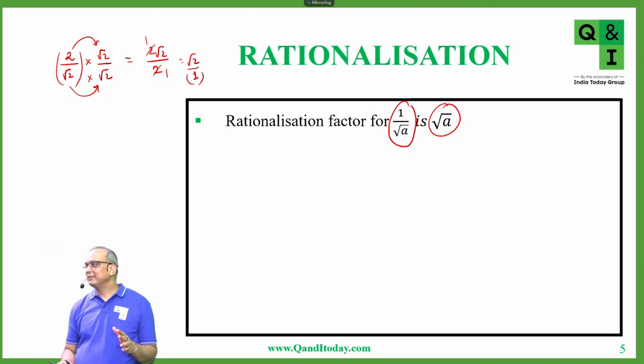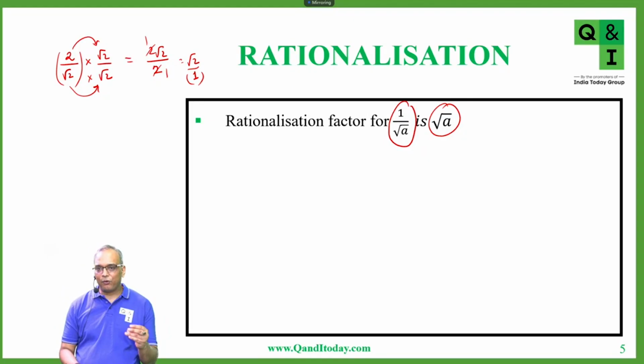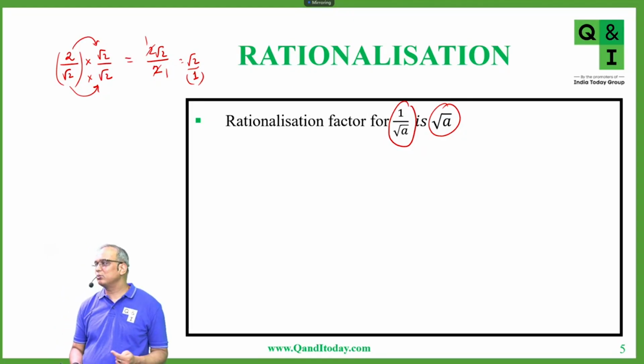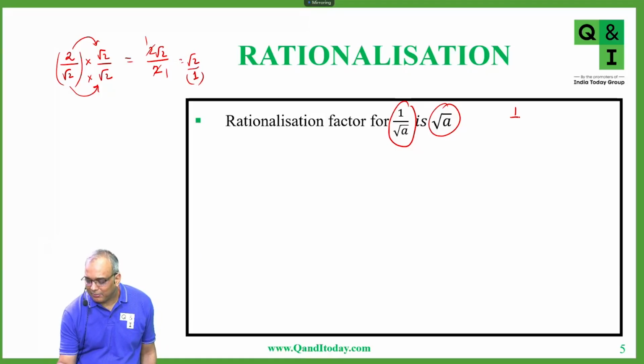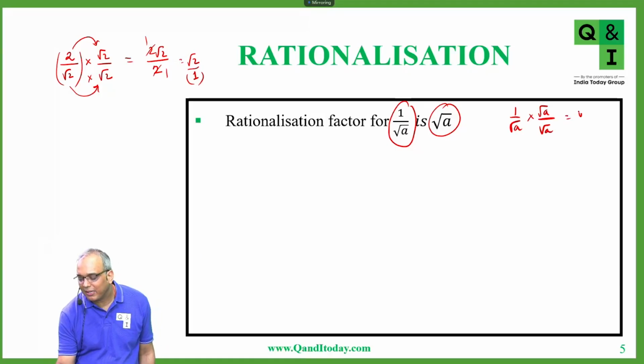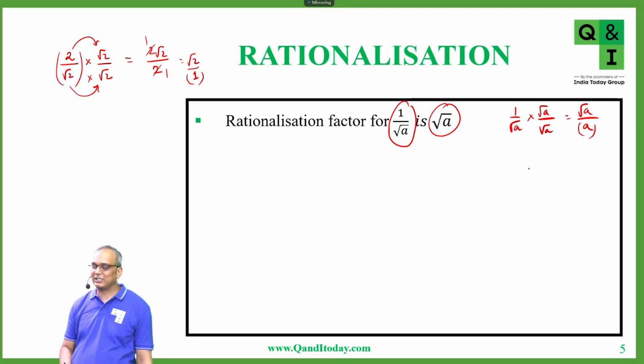Is it clear? Did you understand the meaning of rationalization factor for 1 by root a? Why is it root a? 1 by root a, if we multiply both numerator and denominator by root a, we'll have root a over a, which makes the denominator a rational number, and that's why root a is called the rationalization factor.